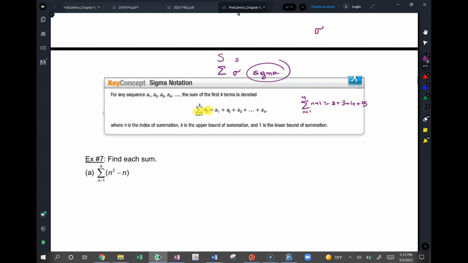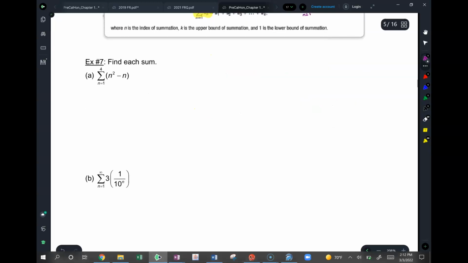So let's find each sum here. We're going to find the sum from 1 to 4 of n squared minus n. Basically what I want is a sub 1 plus a sub 2 plus a sub 3 plus a sub 4. For a sub 1, n is 1, and when I put n into that formula, I get 0.